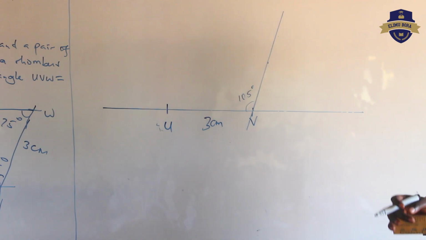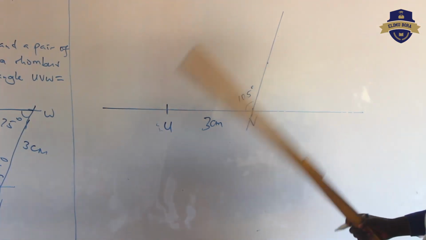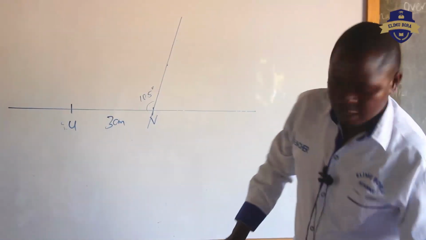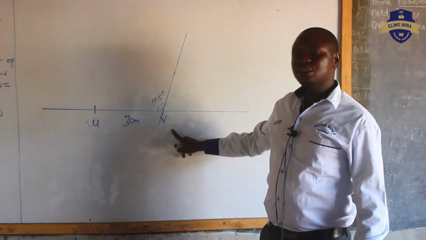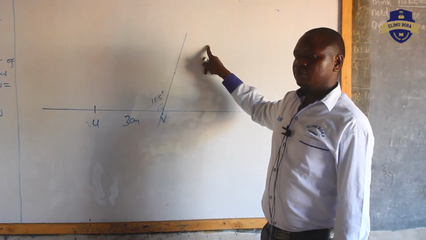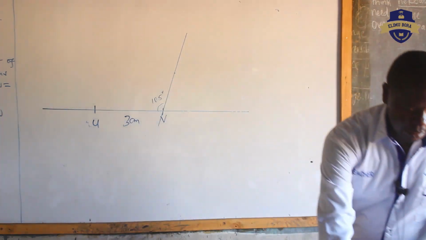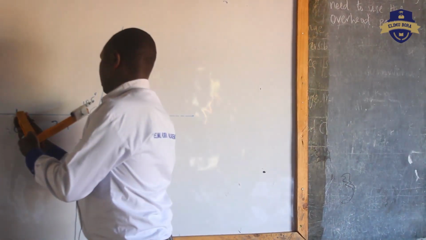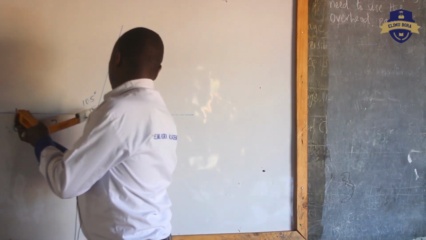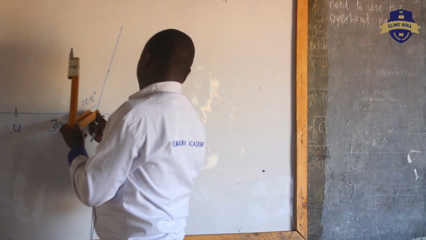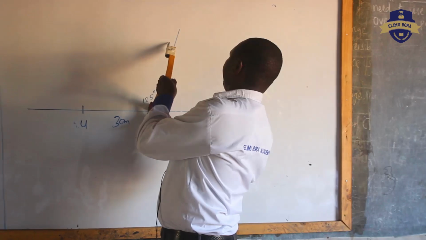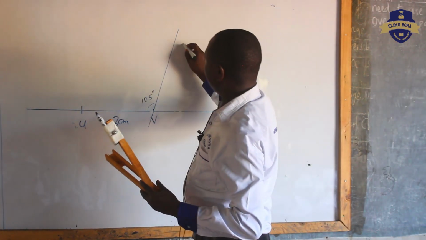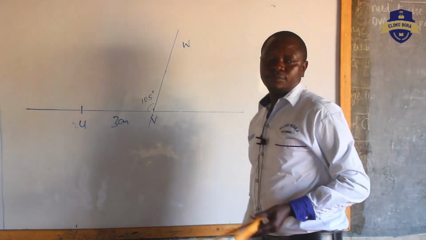Sawa. Next step, the next property, we know that in a rhombus all sides are equal. Now from point V, we need to locate point W, exactly 3 centimeters. Now that is our point W.